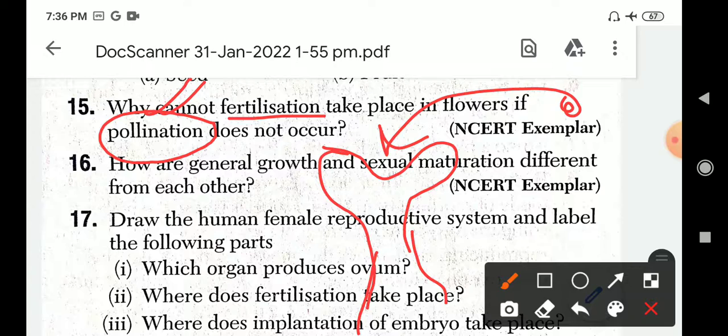Pollens reach here, then the pollen tube is formed and from here the male gamete reaches the lower part where the egg is present.